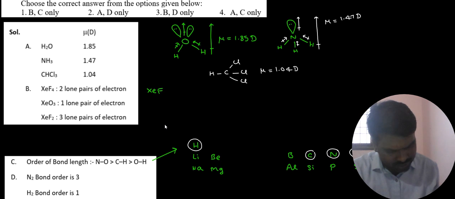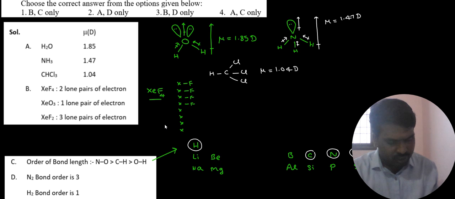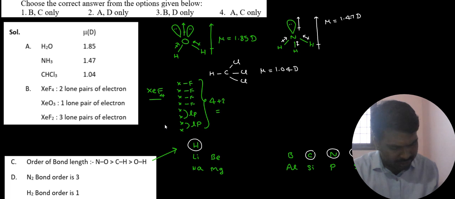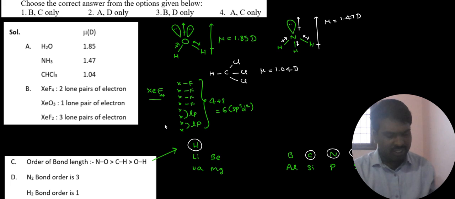Xenon has group number 8, so 8 electrons. Four fluorine atoms require 4 single electrons, leaving 4 bond pairs and 2 lone pairs, so 6, which means sp3d2.